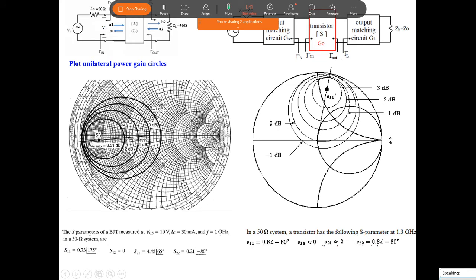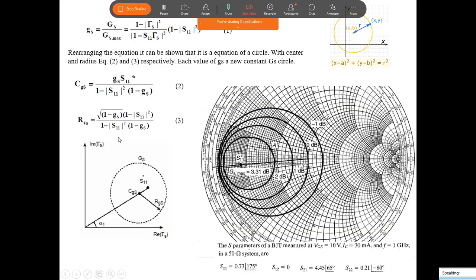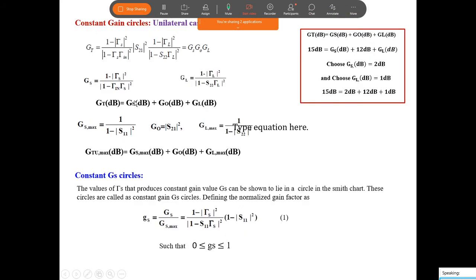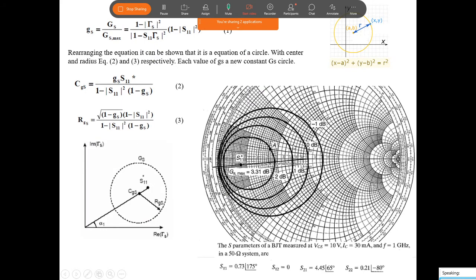If I want a gain GS equal to 1 dB, then the 1 dB gain circle will be like this.